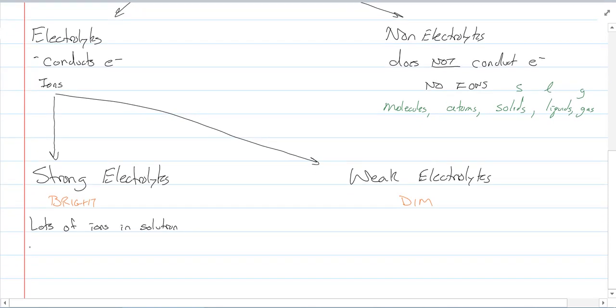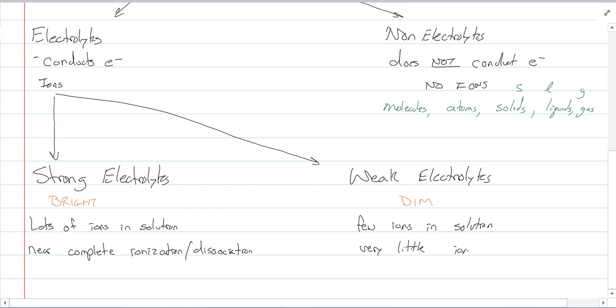And we have near complete ionization or dissociation. Whereas weak electrolytes have few ions in solution, which means there's very little ionization or dissociation.